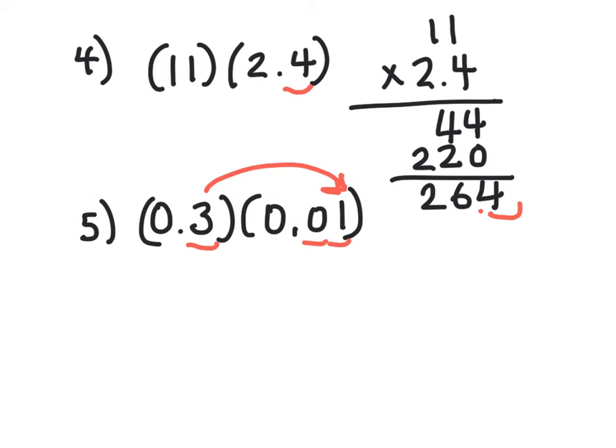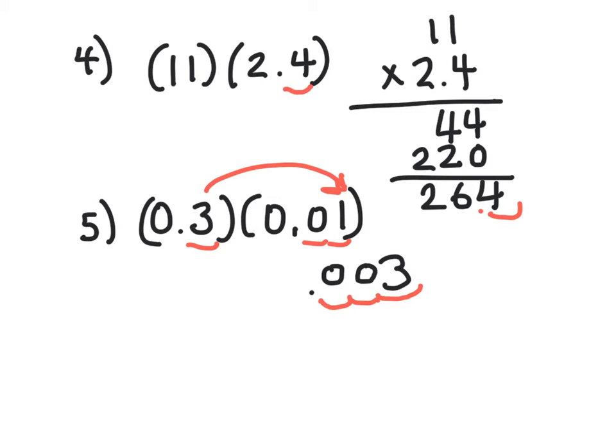Okay, so if I just ignored the decimal point for now and just multiplied 3 times 1, that would equal 3. All right, now let's go back, and again, let's note that we have 1, 2, 3 decimal places. So my answer must have 3 decimal places. So I'm going to start at the right and go 1, 2, 3, and place my decimal point and put 2 0 placeholders to fill it in. So the answer we should get would be 3 thousandths.